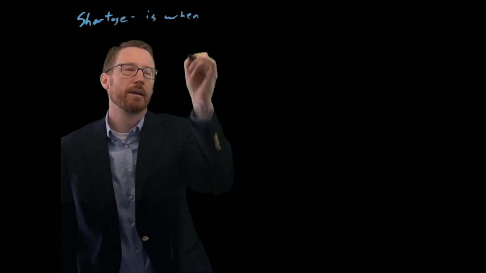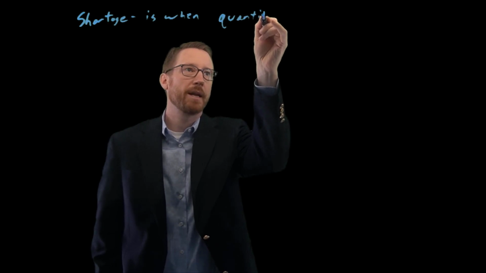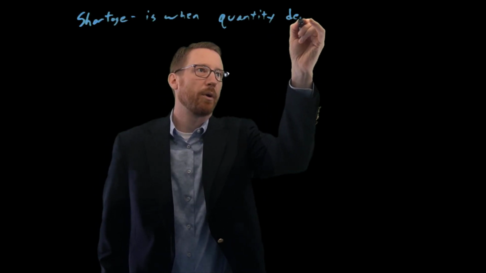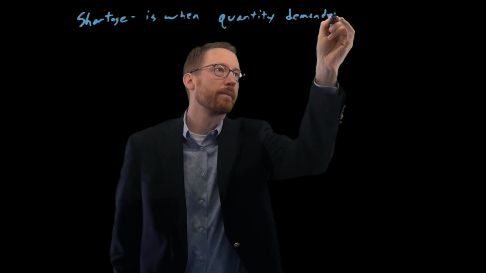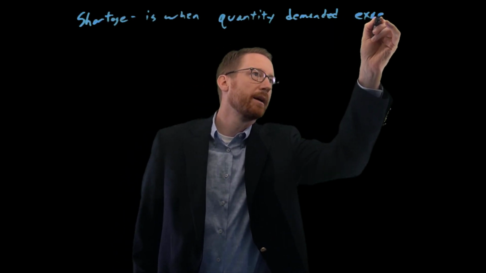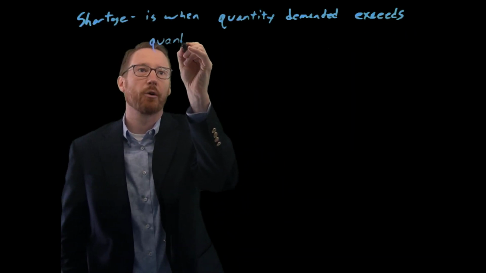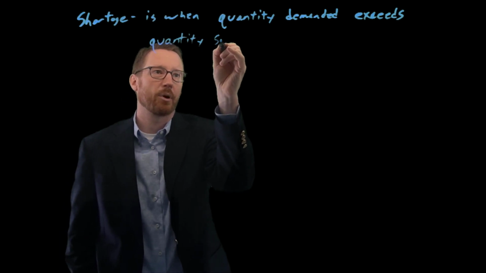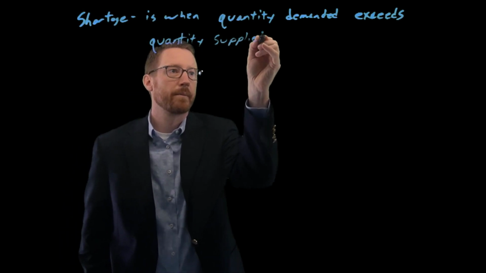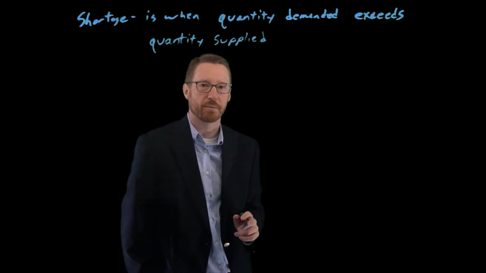A shortage is when the quantity demanded, so how many buyers want to buy, exceeds the quantity supplied, so how many sellers are willing to sell at that price. So a shortage is when quantity demanded exceeds quantity supplied.